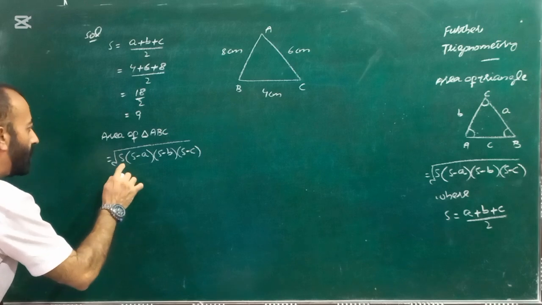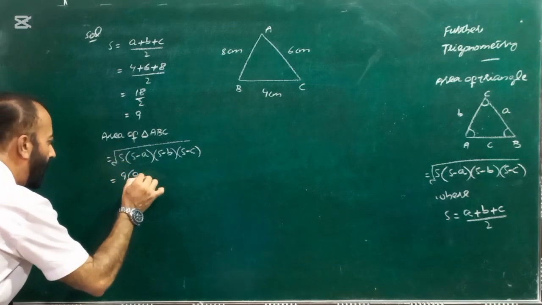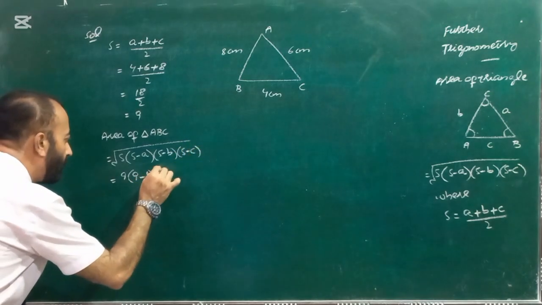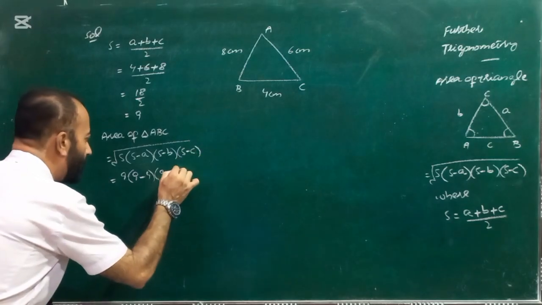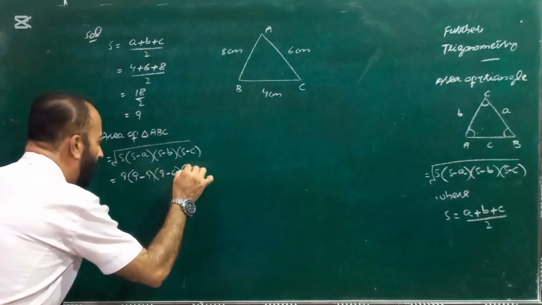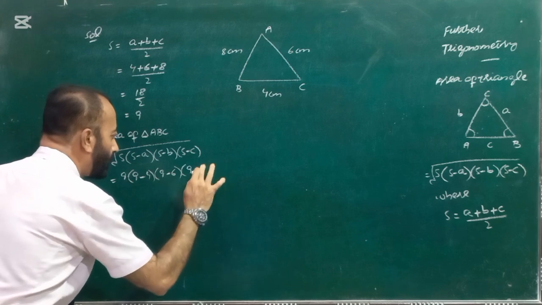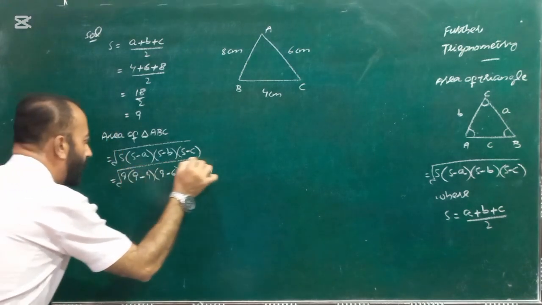So putting values into it, so s is 9. So 9 into 9 minus a is 4 into 9 minus b is 6 into 9 minus c is 8 whole square root.